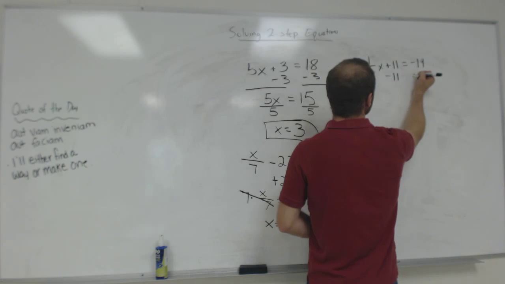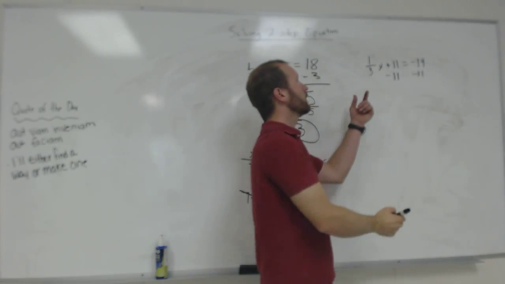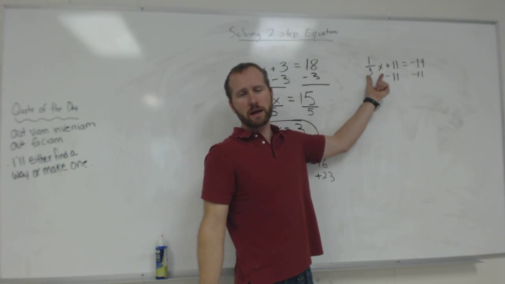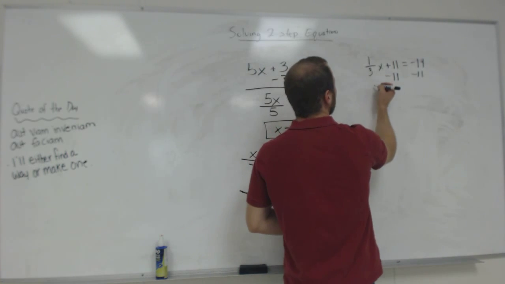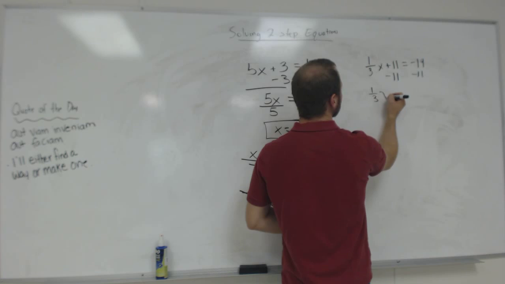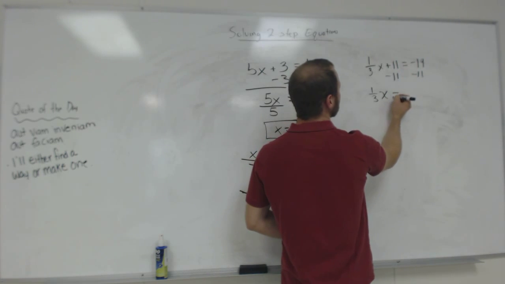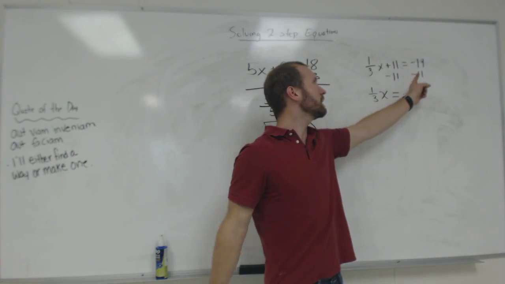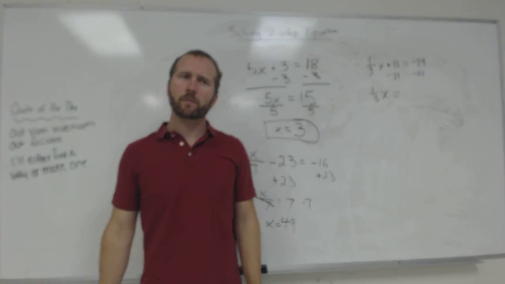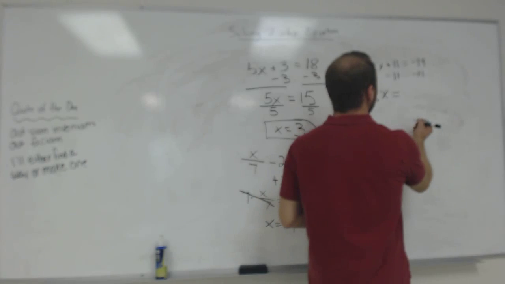I want to get that x term all alone. I want there to be no plus or minus signs around x. So I just have 1/3 x, plus 11 minus 11 is still 1/3 x. Negative 19 minus 11, those add up to 30.